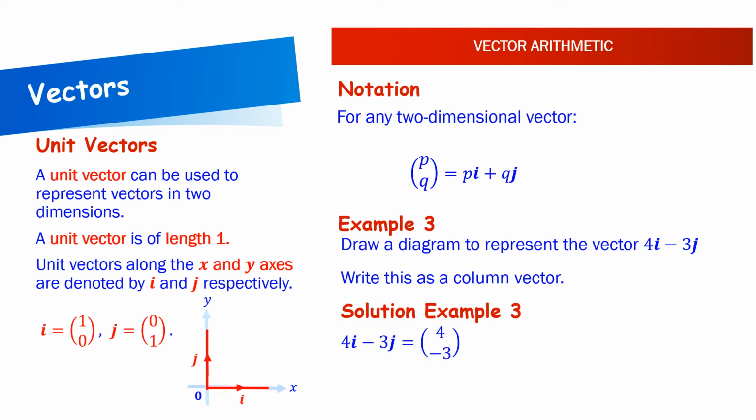So 4i minus 3j as a column vector is 4 at the top and minus 3 at the bottom. In other words, 4i across and 3 down. This is the vector 4i minus 3j. Here's 4i, here's minus 3j, and here's the resultant vector.